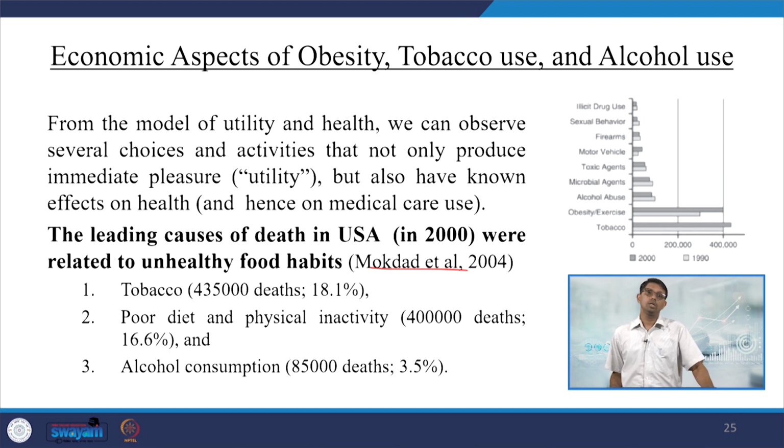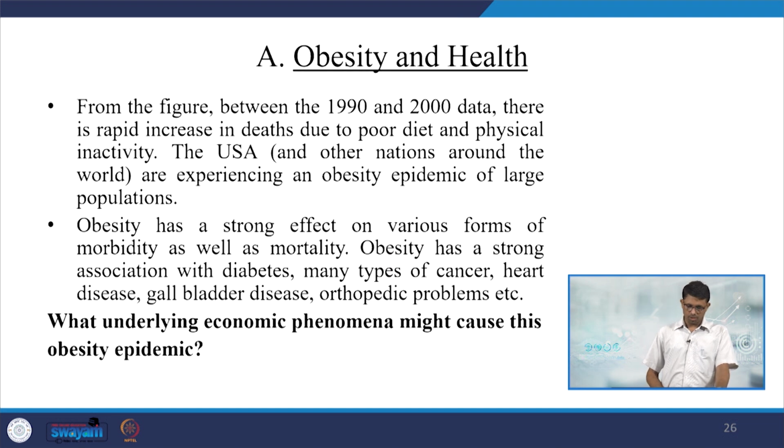Poor diet and physical inactivity, around 400,000 deaths, account for 16.6%. Alcohol consumption etc., 85,000 deaths, accounts for 3.5% as per the US data, as the author observed. We can also do research on our own in this regard.